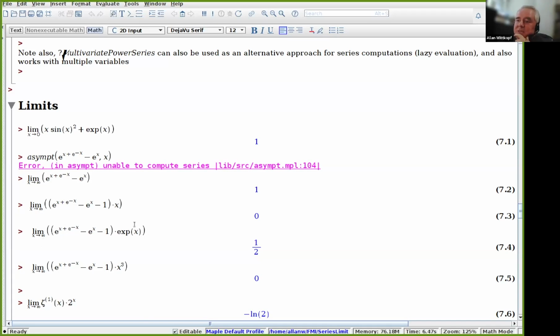It might be good to mention why limit is stronger. The asympt has to compute all the terms in a series, and I think it uses kind of an underlying recurrence type method for this. Limit uses this thing called MRV, or most rapidly varying term.